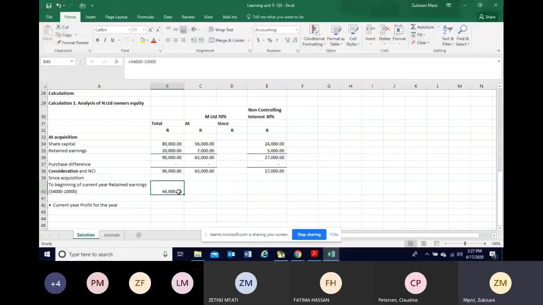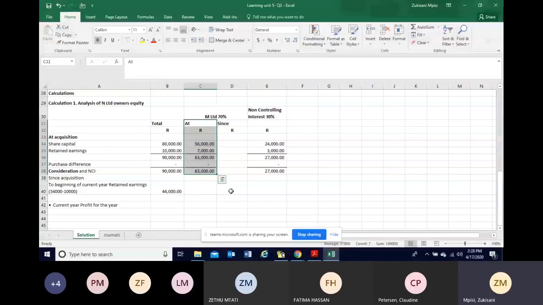And this 44,000 must be shared amongst the parent and the non-controlling interest. And this is how it goes. The at acquisition part is already completed on the date of acquisition, which is the 17th of July. Any transaction that happens post to that is since acquisition.